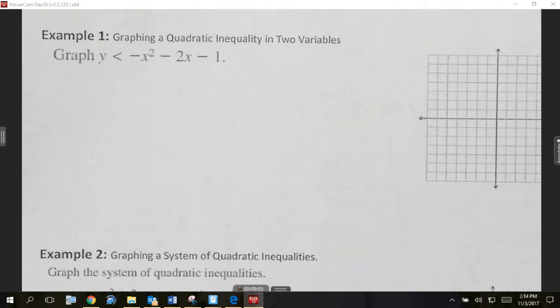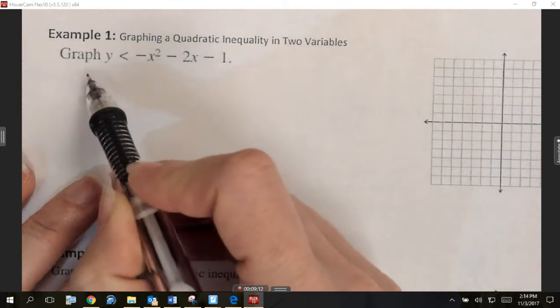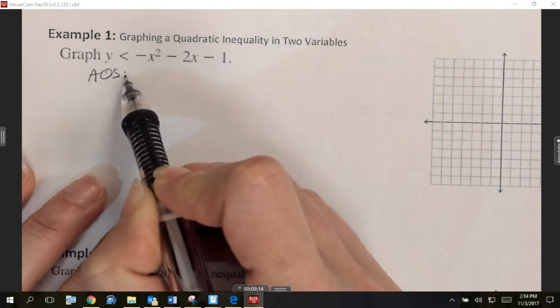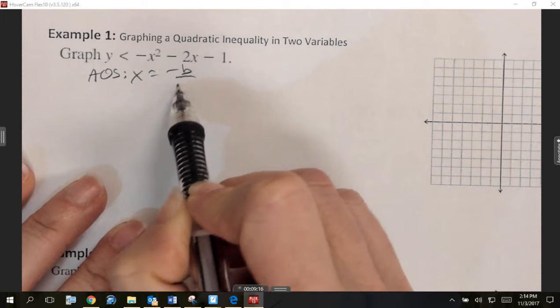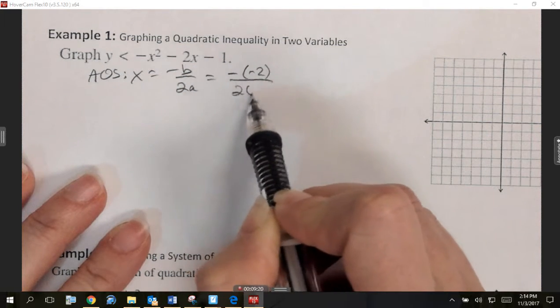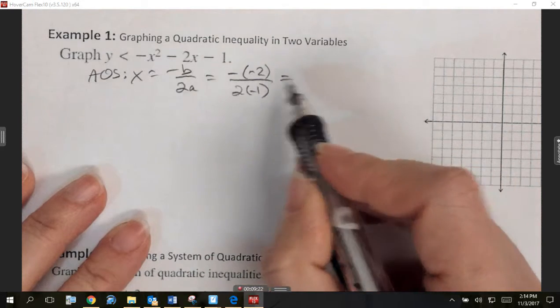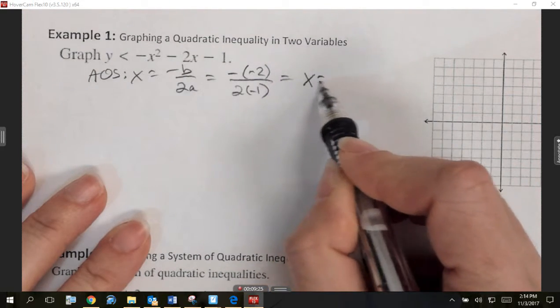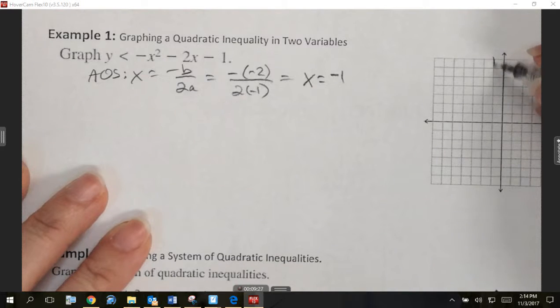Ellie? The axis of symmetry and the vertex? Okay. Since it's in standard form, AOS is x equals negative b over 2a. So negative 2 over 2 times negative 1 gives us x equals negative 1. Axis of symmetry.